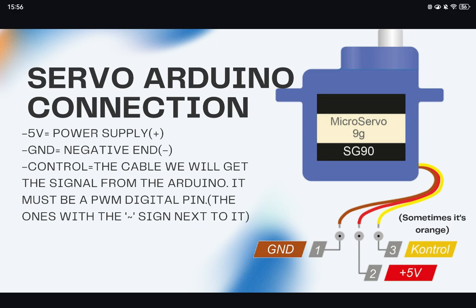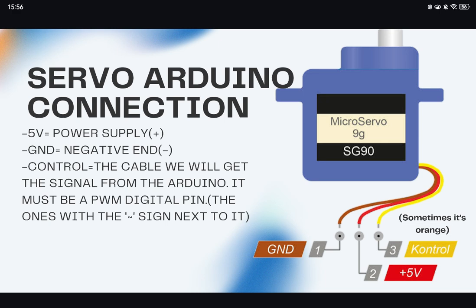Our power supply is the red one, 5 volts. I have the negative end, and it's the brown cable, but sometimes it's the black one. And we have the control cable.